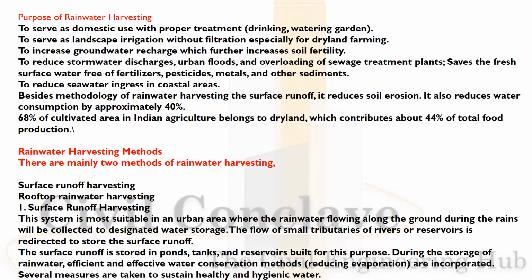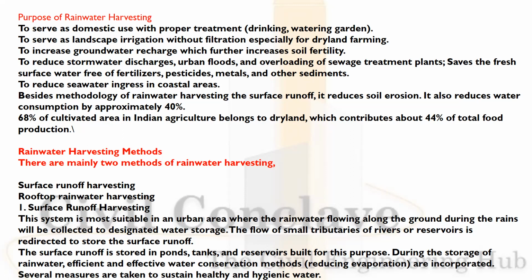To reduce stormwater discharges, urban floods, overloading sewage treatment plants. Save the fresh surface water free of fertilizers, pesticides, metals, and other sediments. To reduce seawater ingress in coastal areas.